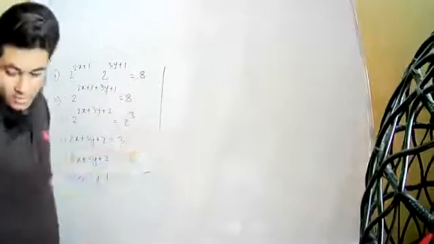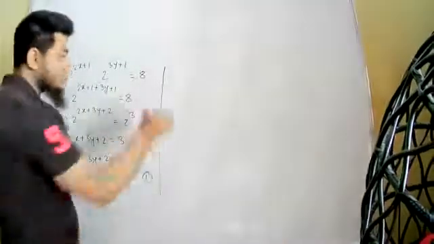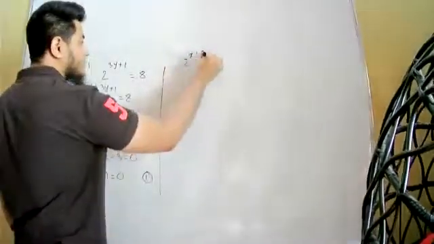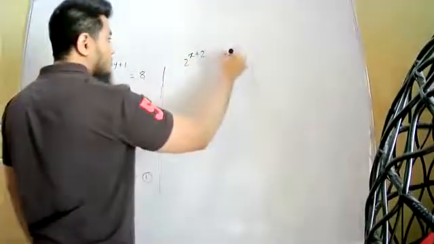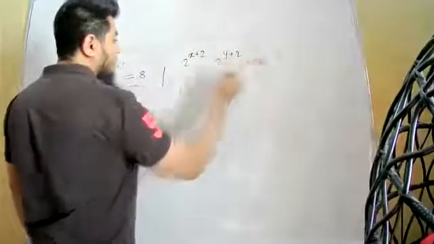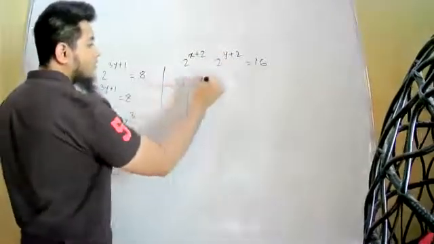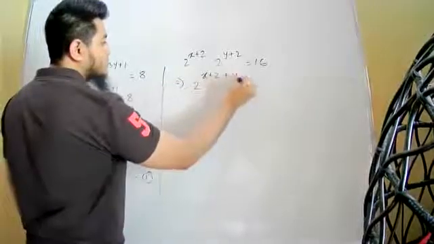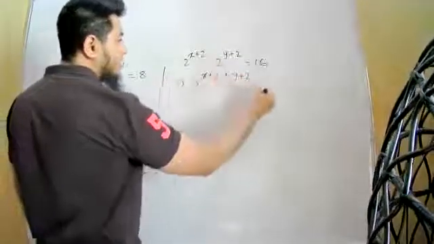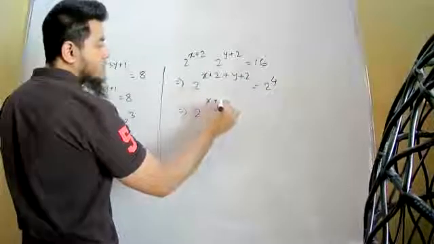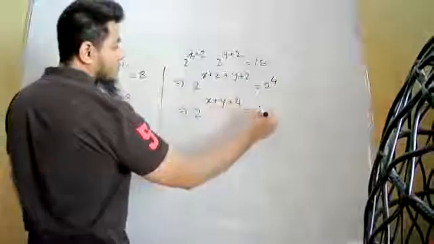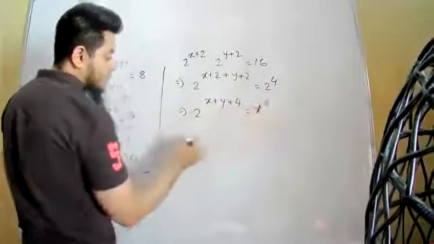Then similarly, from the other given equation, to the power x plus 2, y plus 2, 16. So what can we write? To the power x plus 2 plus y plus 2, as there is multiplication the powers will be added, to the power 4. So to the power x plus y plus 4 is equal to 2 to the power 4.